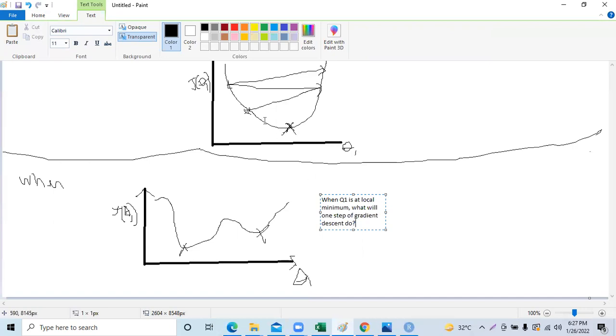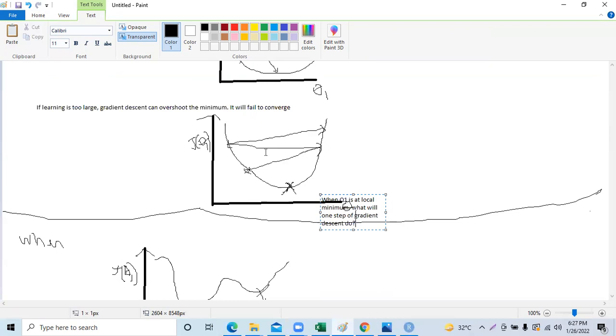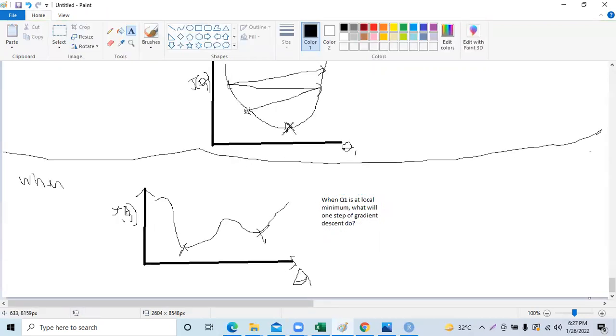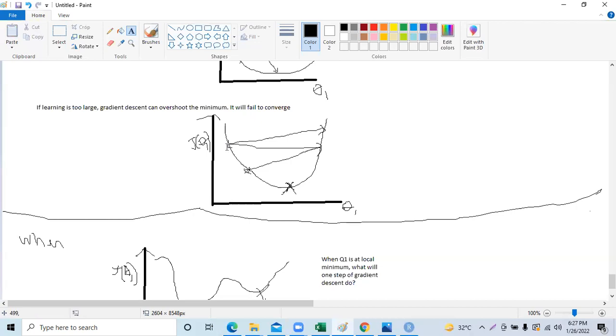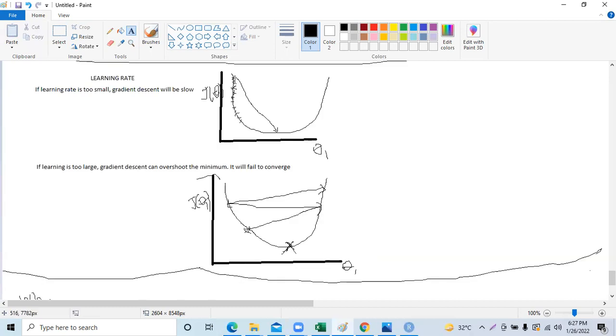Just think it through. When your theta wasn't at your global minimum or local minimum, one step in gradient descent behaved in some way, depending on the value of your learning rate.